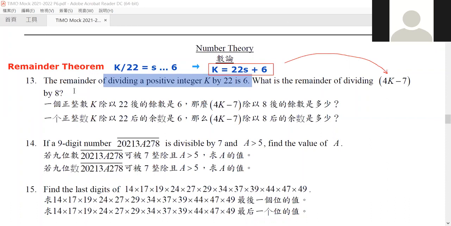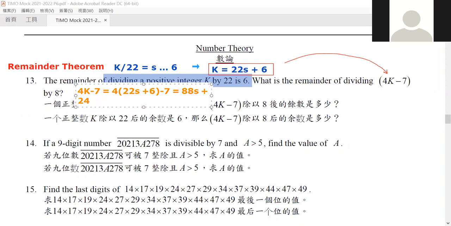So now let us see what the value of 4k minus 7 is. According to our theorem, k is equal to 22s plus 6. So 4k minus 7 will be 88s plus 24 minus 7, and hence it equals 88s plus 17.